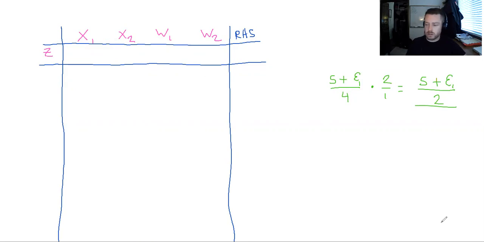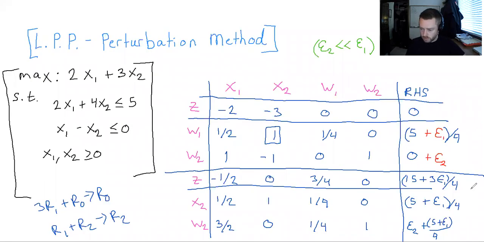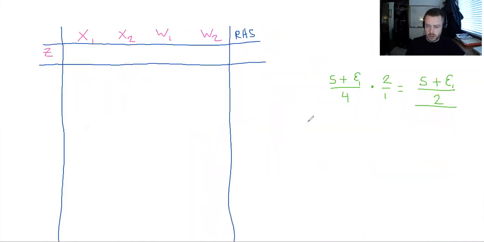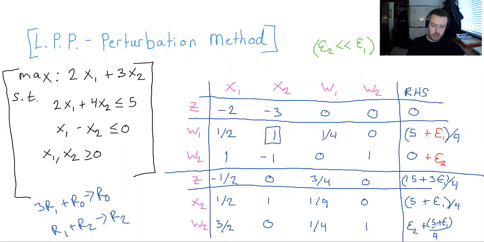Second guy was epsilon 2 plus 5 epsilon 1. Okay. So we have epsilon 2 plus 5 plus epsilon 1 divided by 4, multiplying this whole thing by 2/3, right?